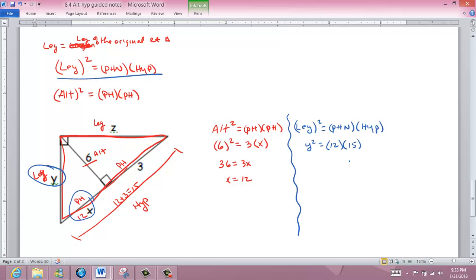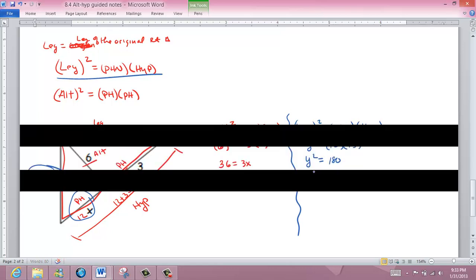So y squared equals 12 times 15, which gives you 180. And now, to solve for y, I would take the square root of 180.